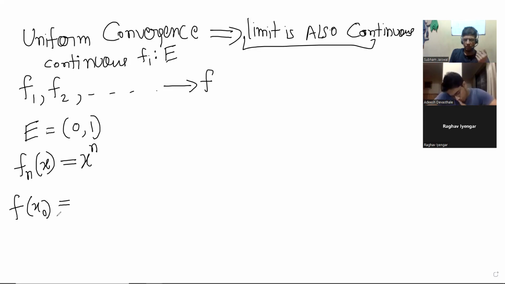Maybe this is not uniform. But the point is that you take an x naught and you compute the limit. So what should the limit be? Adish, can you tell?